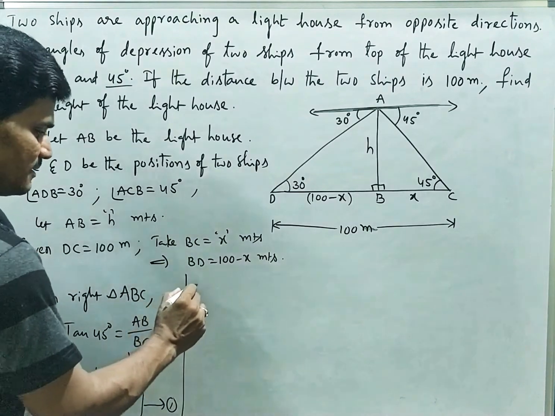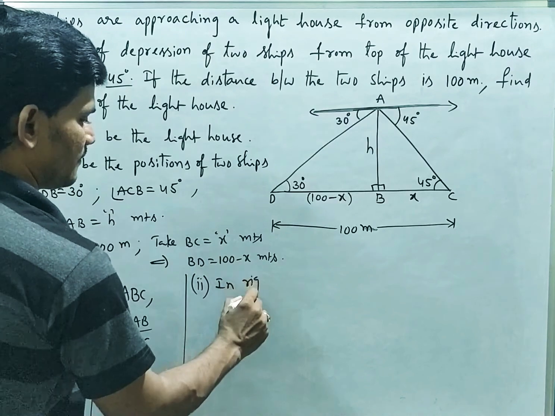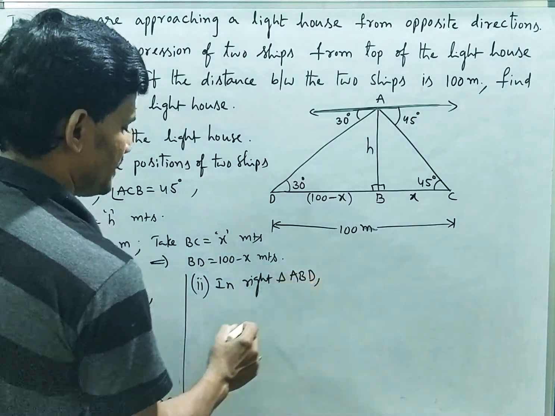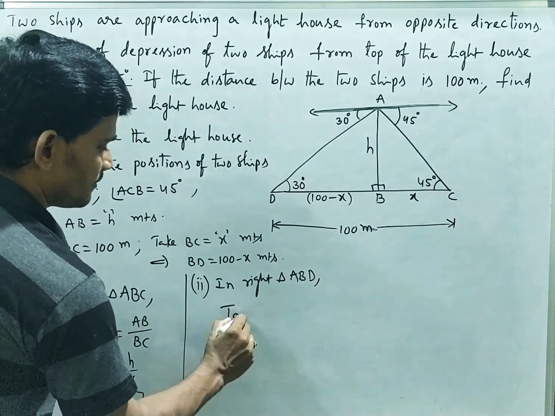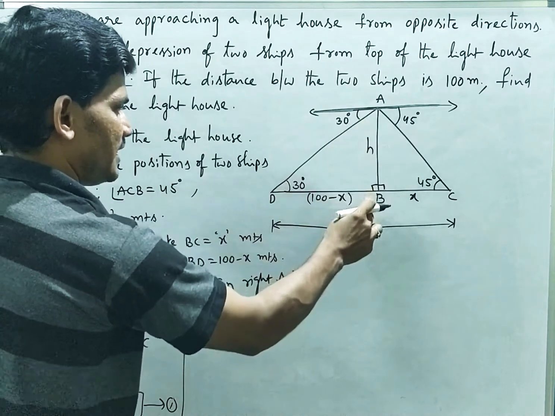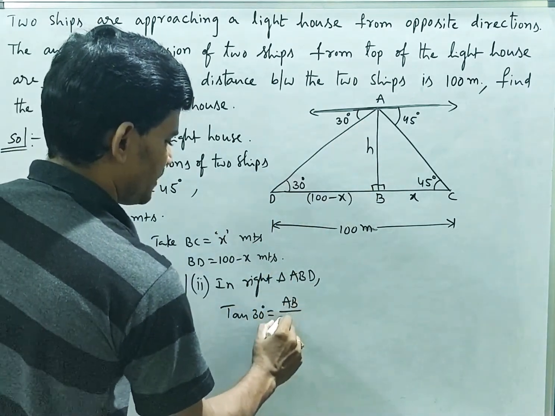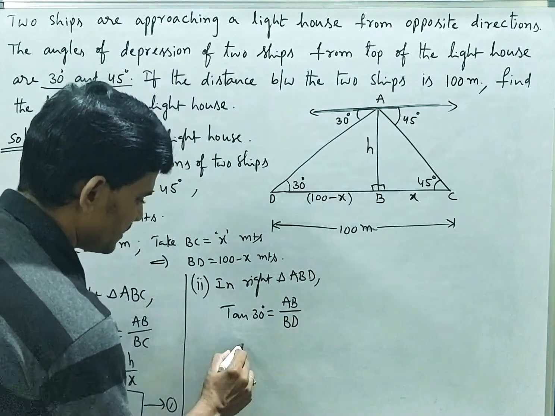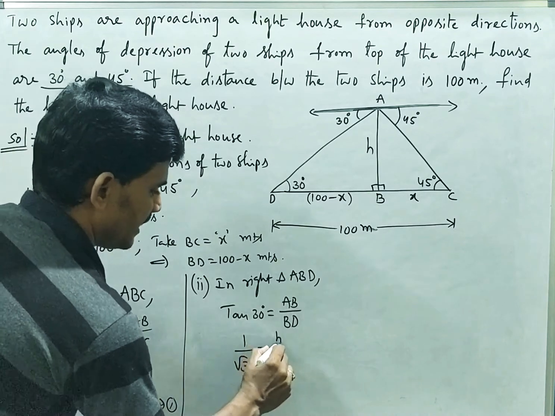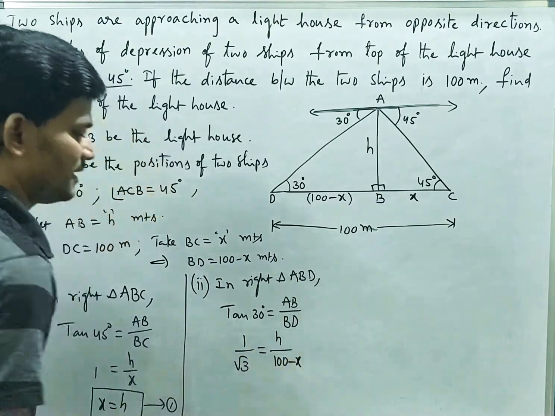Let us take the second right triangle, that is, in right triangle ABD, take tan 30. Tan 30 degrees is equal to the opposite to 30, AB, over the adjacent, BD. Tan 30, as you know, is 1 by root 3, AB is h, BD is 100 minus x.